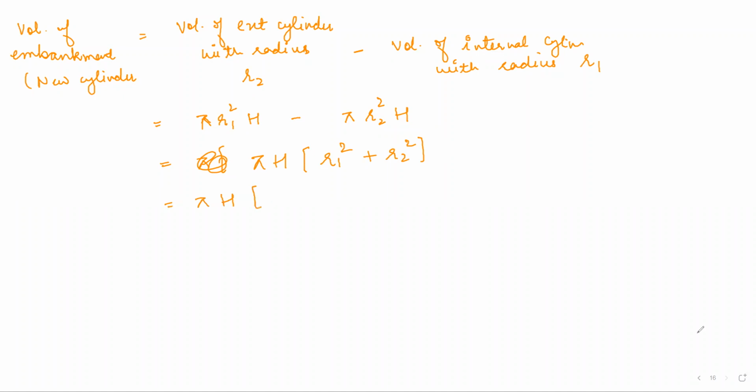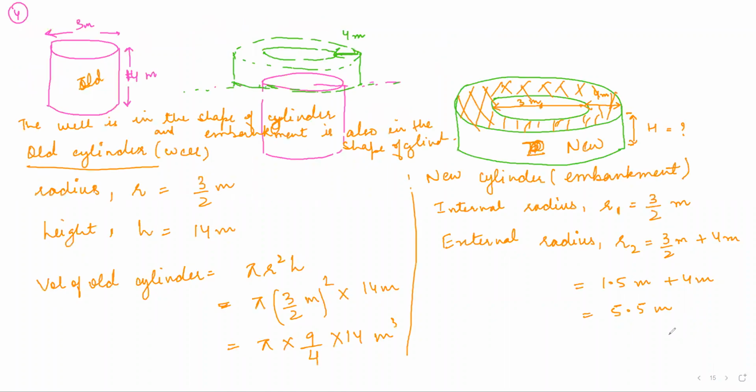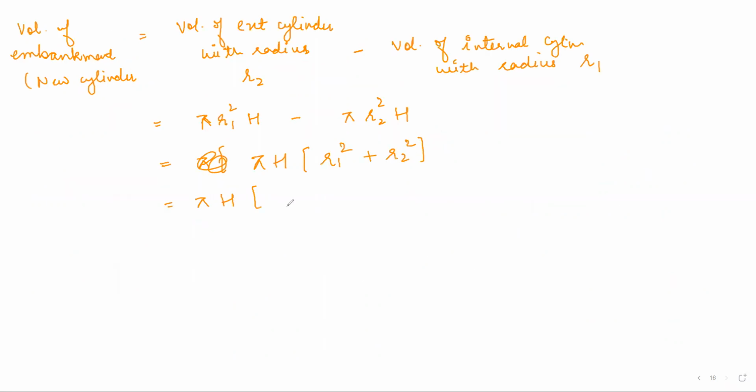Now how much is my R1? Leave it as 3 by 2, no problem. 3 by 2 and 5.5. So 3 by 2 meter whole square plus 5.5 meter whole square. Is that okay?